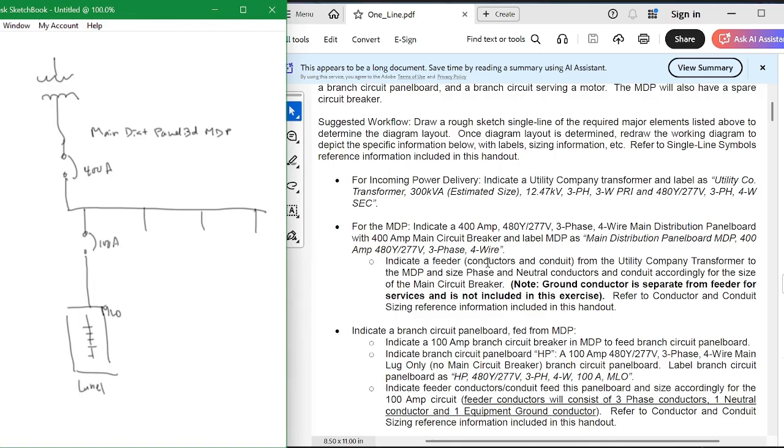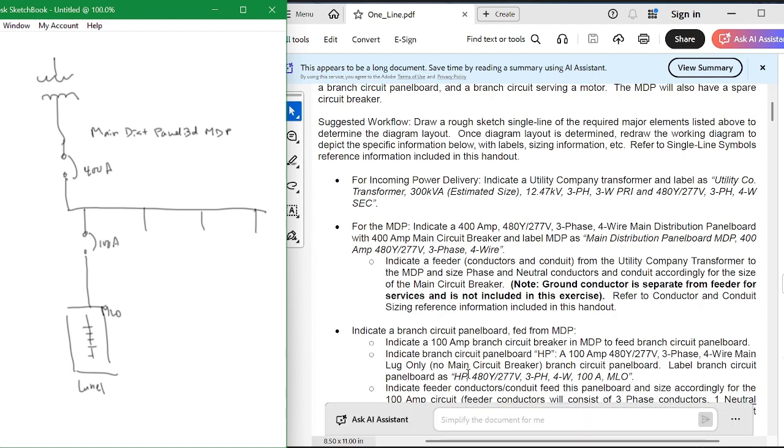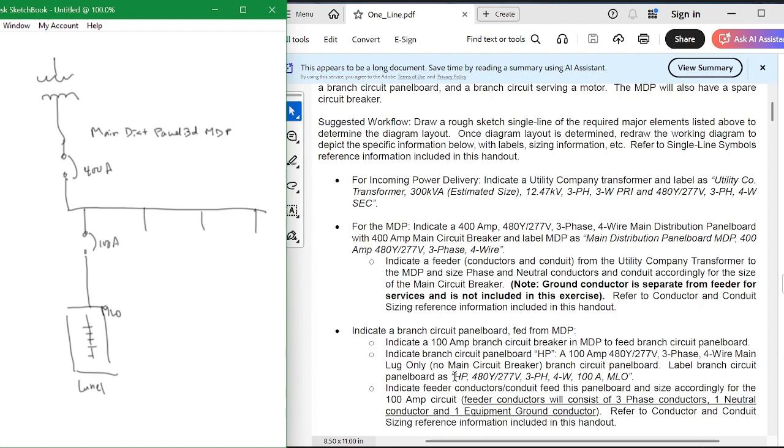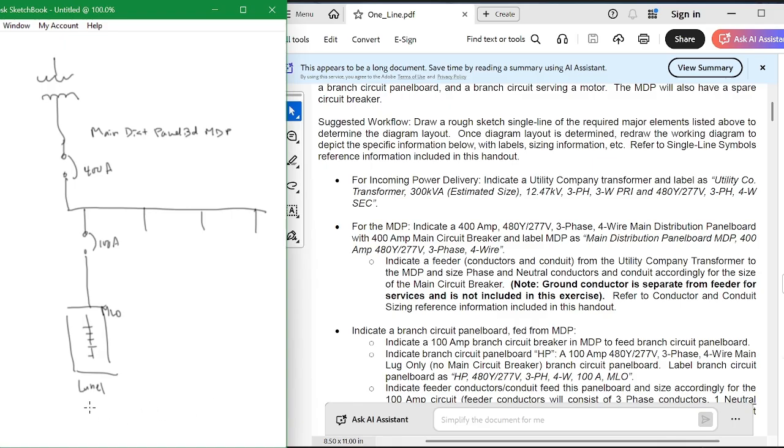And that label is all this information right here. I'm not going to do it for you, but this is the information that you would put right down here.